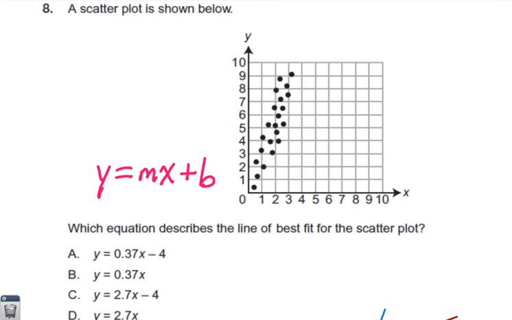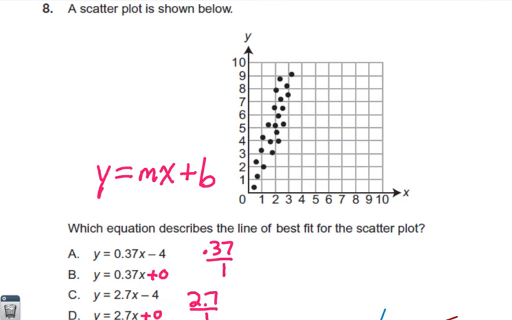And looking at the choices, it looks like the only two choices for slope are 0.37 over 1, or 2.7 over 1. And the only two options for my b values are either negative 4 or 0.